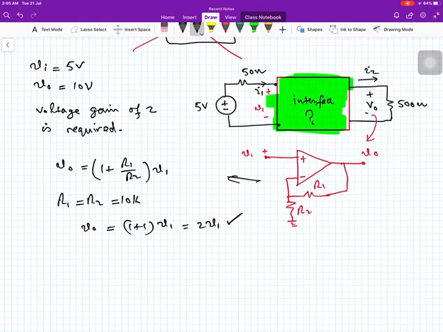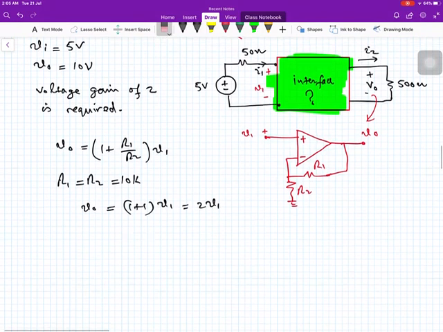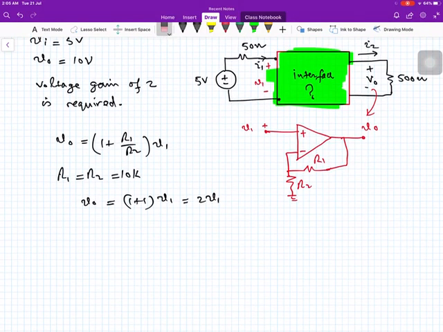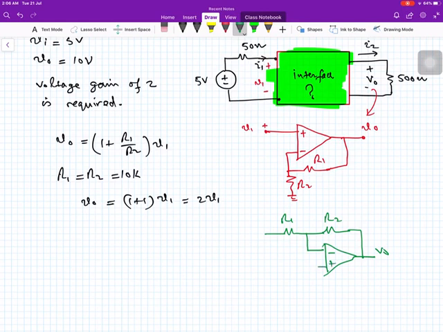So we can use this interface circuit, or we can use another interface circuit instead of this interface. We can use an inverting amplifier. So this is the VO, this is R2 and R1 connected to ground, and we use V1 over here.